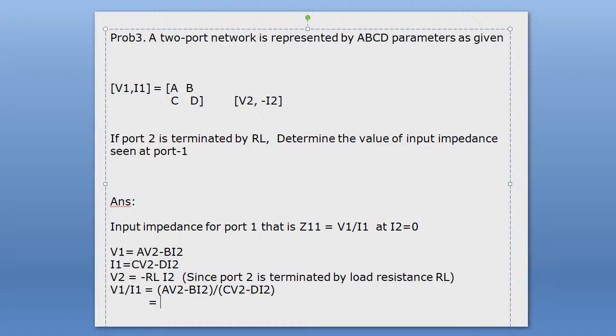So this will be equal to A V2 minus plus B I2, where I2 equals V2 by RL. Close bracket.